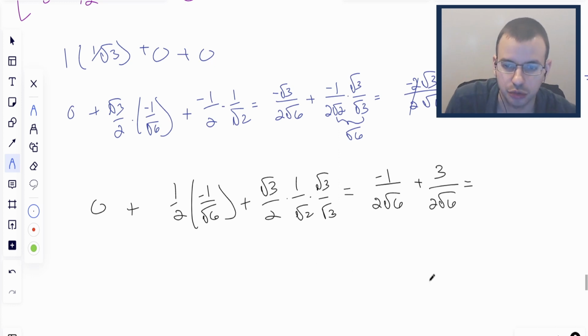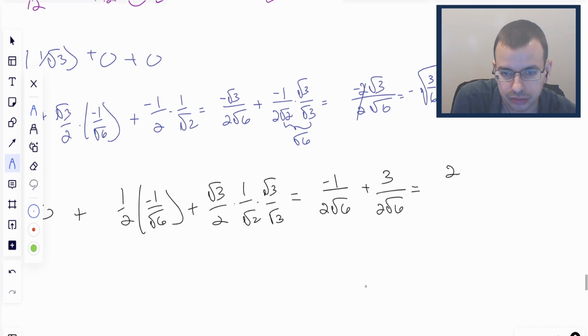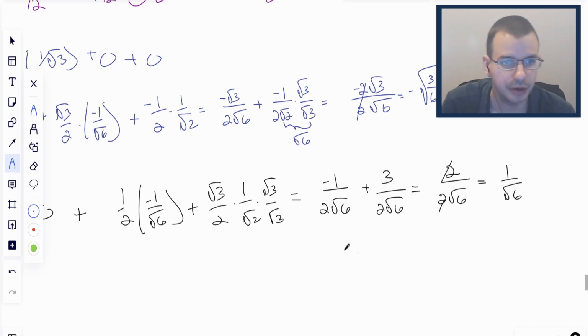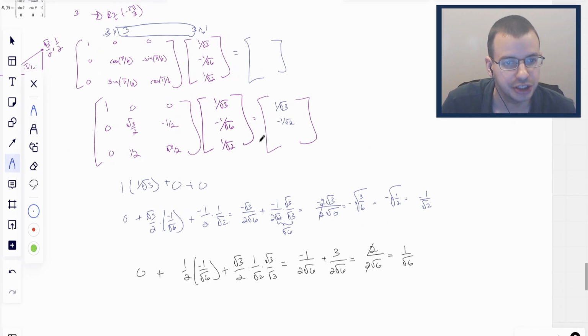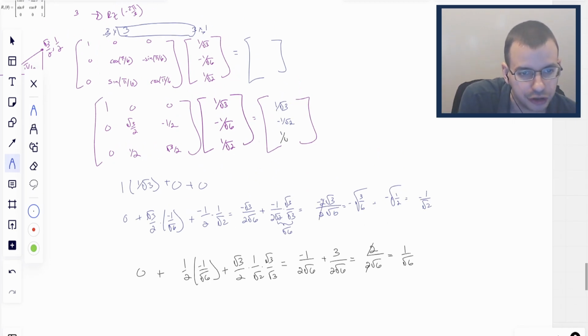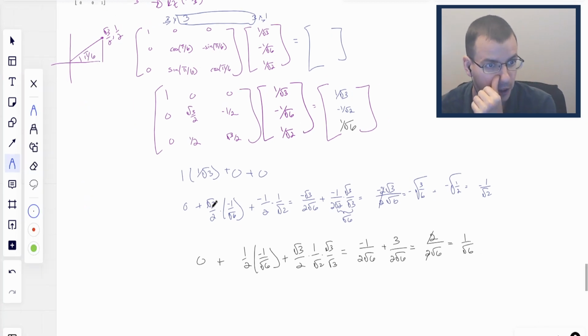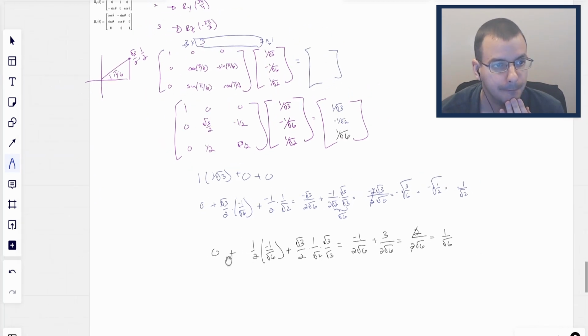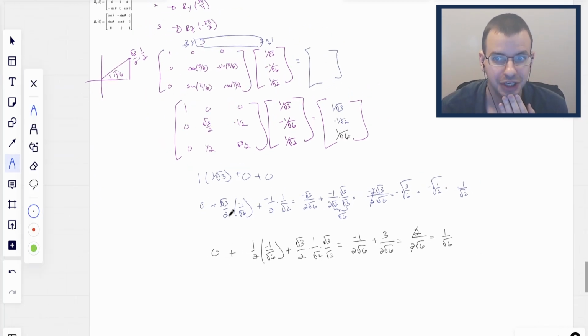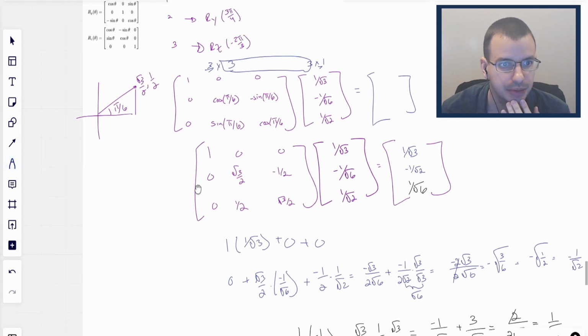And this gives us 3 minus 1, which is 2, over 2 square root of 6. 2's cancel, and we get 1 over square root of 6. Yep, there we go. So yes, we're good with that. So that's the first rotation. I know, this one's going to be a bit of work.